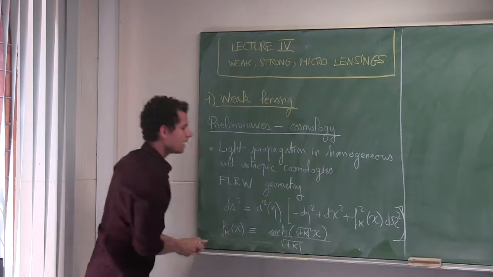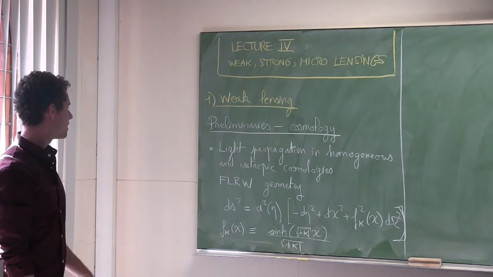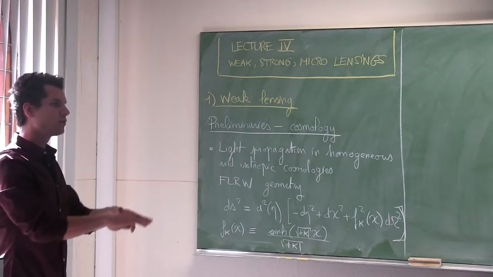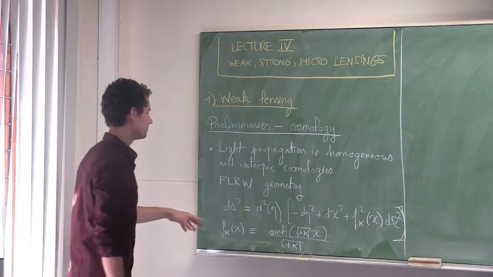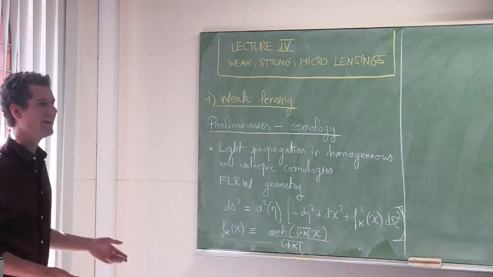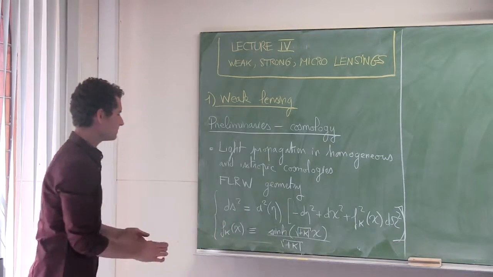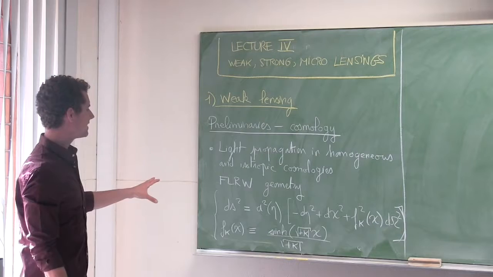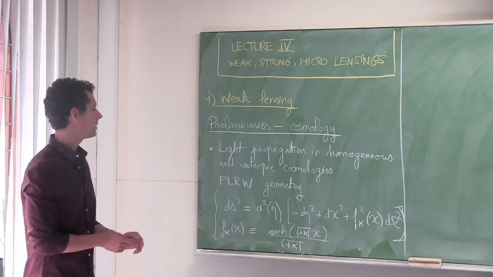So k being the spatial curvature parameter, this would be the intrinsic curvature of the spatial hypersurfaces of the FLRW geometry. I don't think that I have to introduce too much the FLRW geometry here, right? So this is why I'm not spending too much time on it. But the idea is that we would like to know, and of course a, the scale factor, etc.